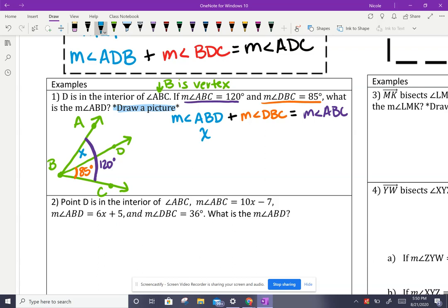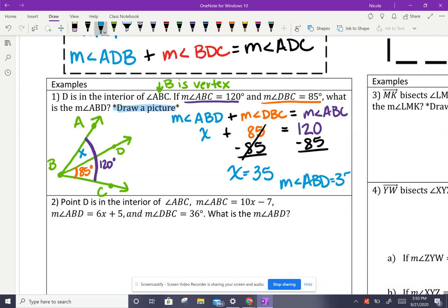ABD is being represented by X. The measure of DBC is 85 degrees. And the measure of angle ABC is 120. How can I go about finding X? All I have to do is subtract 85 from both sides. That tells me X is equal to 35. So the measure of angle ABD is 35 degrees.